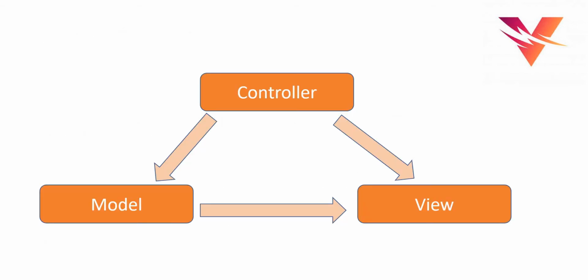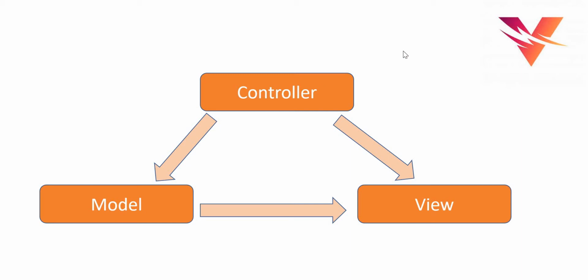Now, moving to the next slide, what we have done till now in my last videos, if you have seen, is that we create a controller, and after creation of the controller, we return the view, right? But now in this video, when we are returning a view with the help of a controller, the controller achieves that task with the help of a model only, right?